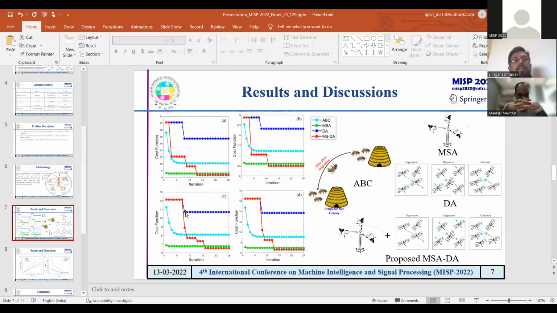As I showed in the result and discussion, although I did not share all the graphs here, individually and combined, this MSDA is giving me a better result as compared to the individual ones. So basically my work is to combine these two algorithms and make it more efficient. So I'm not making a new algorithm, but I'm improving my result to get efficient power allocation.